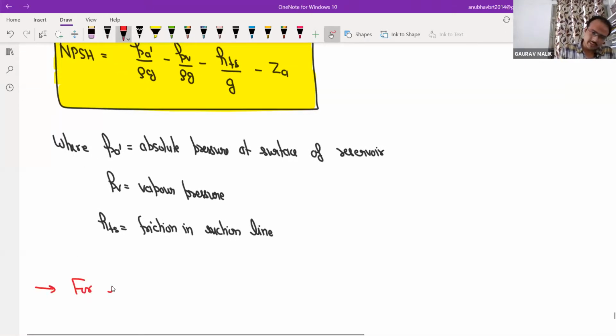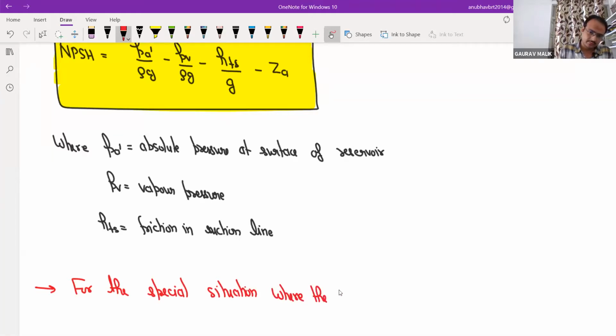For the special situation where the liquid is practically non-volatile, PV is equal to 0.